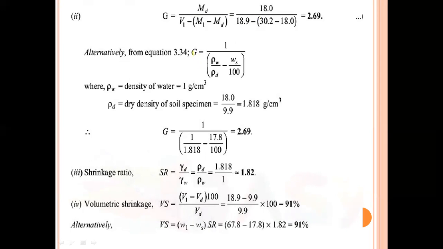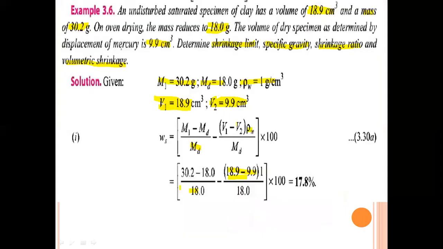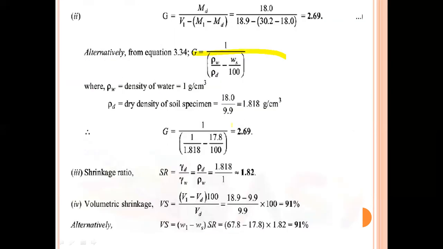So G equal to 1 divided by (rho W divided by rho D minus Ws by 100), where rho W is the density of the water, 1 gram per cm³, and rho D is the dry density of the soil specimen, dry mass by dry volume of specimen, 18 by 9.9, that equals 1.818 gram per cm³. Substituting this value, G equals 1 divided by (1 divided by 1.818 minus 17.8 divided by 100), that equals 2.69. It is the specific gravity.